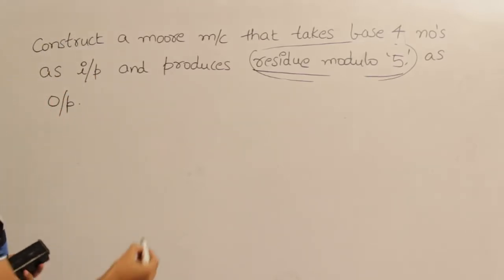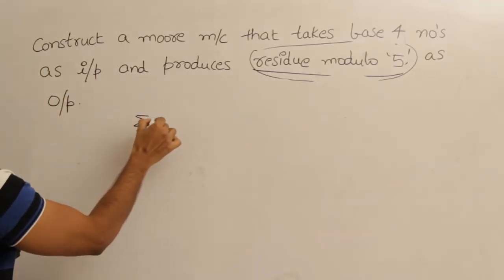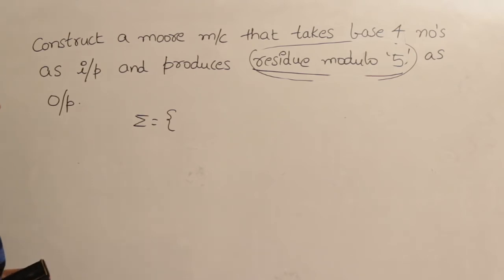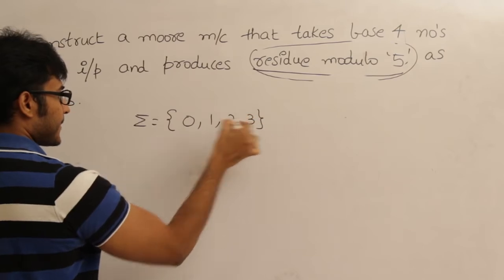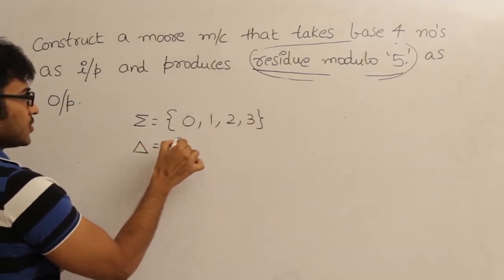So what should the input be? The input is all base 4 numbers: 0, 1, 2, 3. And the output is residue modulo 5.